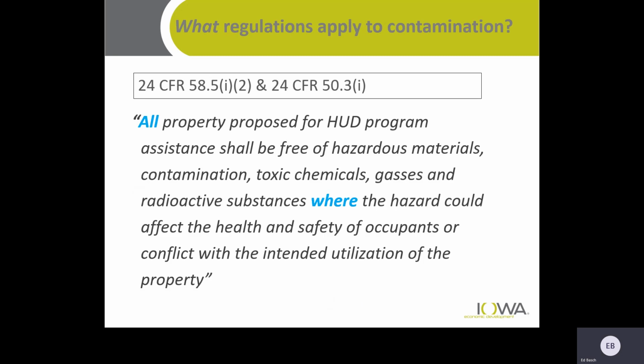So what regulations apply to contamination? Well, all property proposed for HUD program assistance shall be free of hazardous materials or contaminations or chemicals, gases, radioactive substances, where the hazard could affect the health and safety of occupants or conflict with the intended utilization of the property.